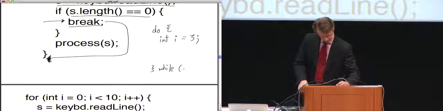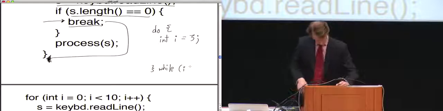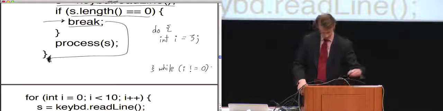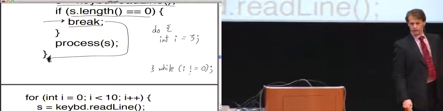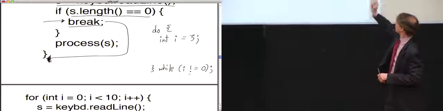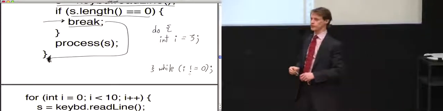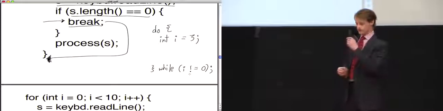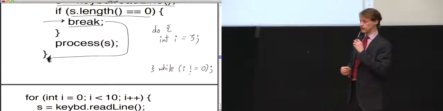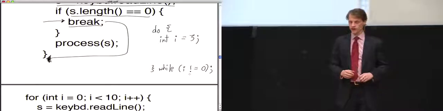Actually, the more I think about it, the more I'm not sure, because I'm wondering if it will get redeclared from scratch at the beginning of every loop iteration. So I'm really not sure. I would have to try this out and find out. I don't remember off the top of my head, sorry.